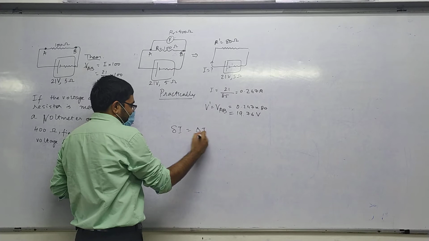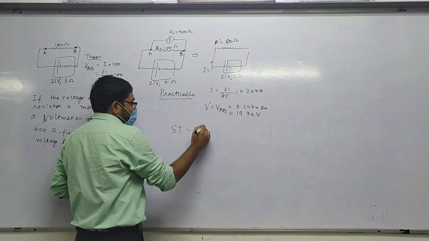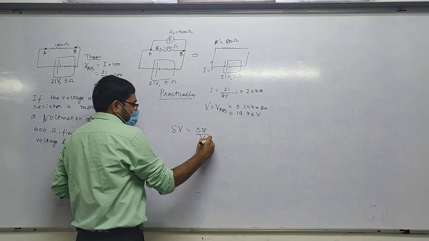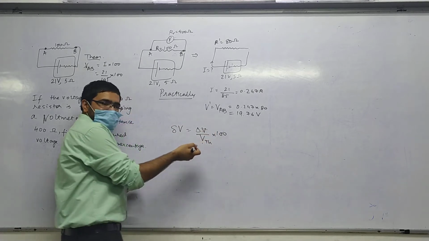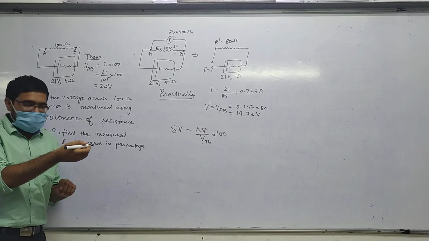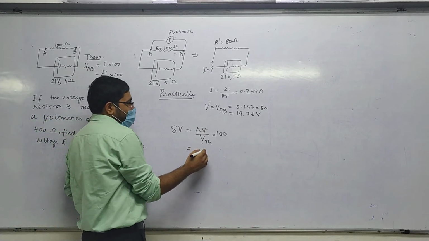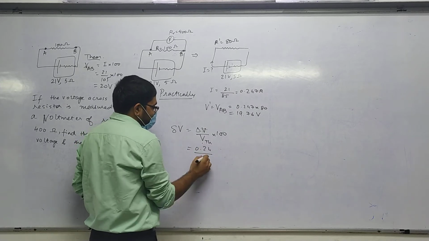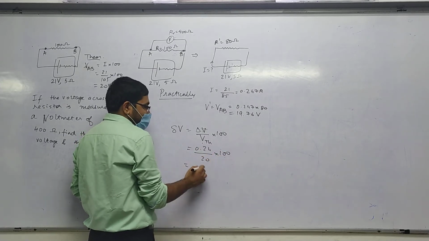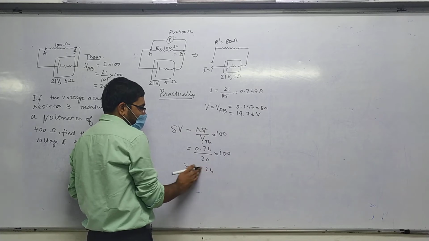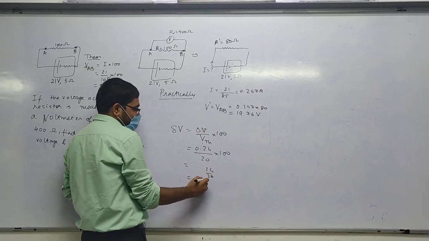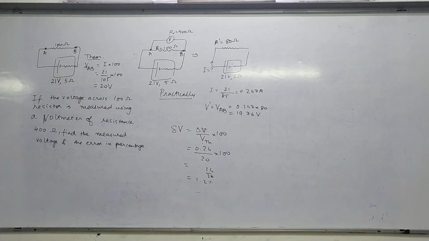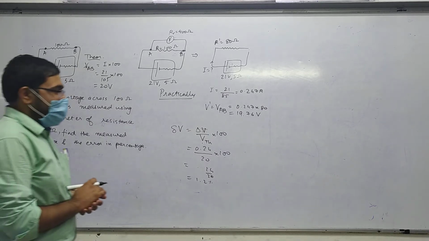Delta V by V theoretical. Do you remember the formula for error in percentage? So what do we get? The difference is 0.24 upon theoretical, which is 20, multiplied by 100. So that is 0.24 or 24 by 20, that is 1.2. Understood? So that's what we get, right? Okay.